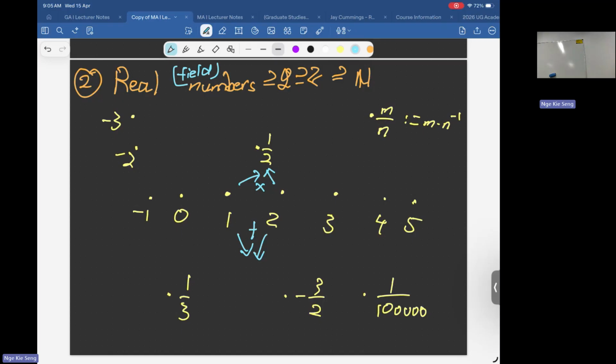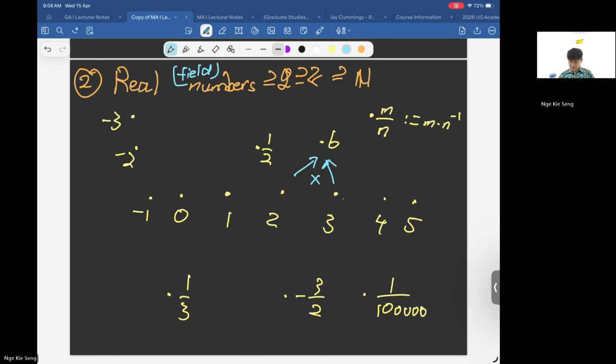So it's really similar. So you can multiply. So maybe let's take some non-trivial multiplication here. So maybe you multiply to 6, and then maybe you add to 5, right? So far, okay?